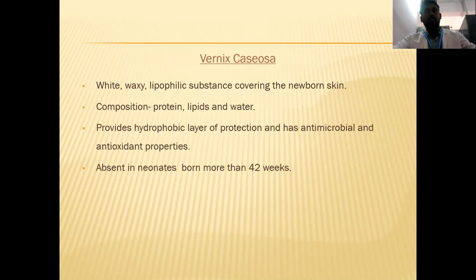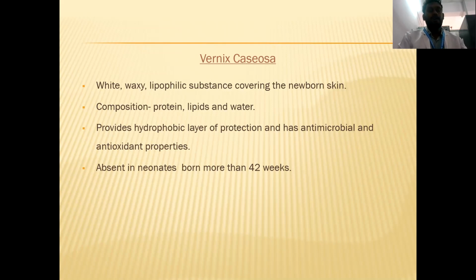Vernix caseosa presents as a white, waxy, lipophilic substance covering the newborn skin. It's physiological. The composition of vernix will be protein, lipids, and water. Its main function is to provide a hydrophobic layer of protection, and it also has antimicrobial as well as antioxidant properties.